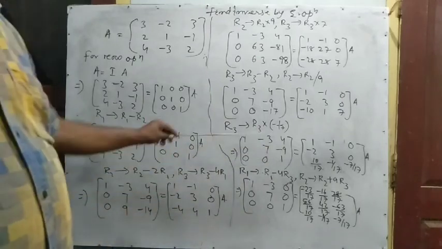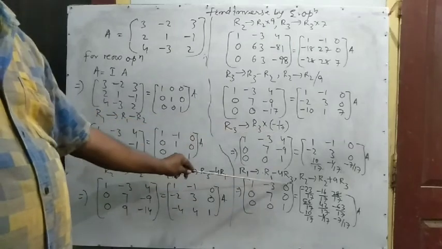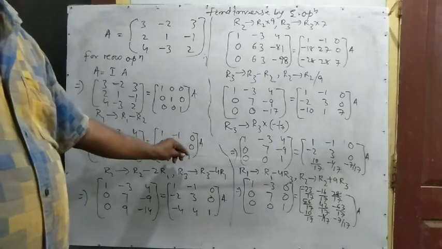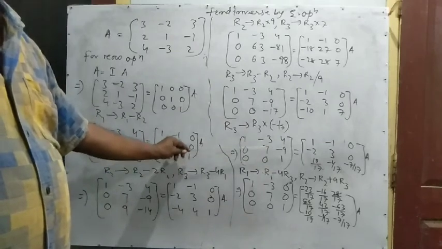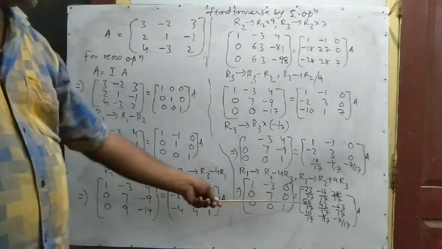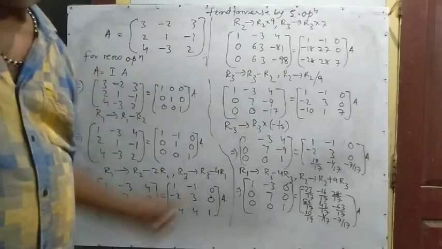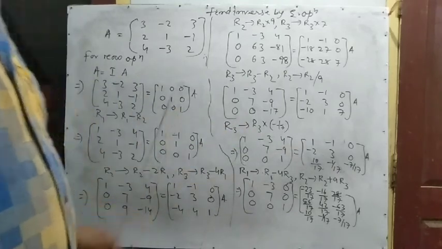Here this one is minus 4 times this, and I have written these values. And this one is plus 9 times row number 3, and here I have written these values. Okay, so according to this, these numbers are also changed.